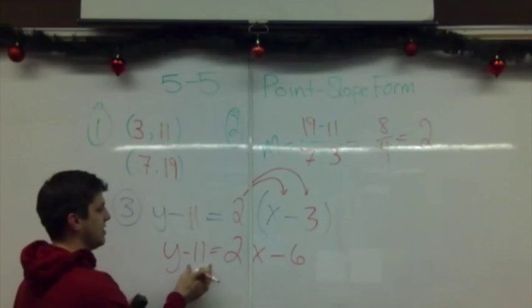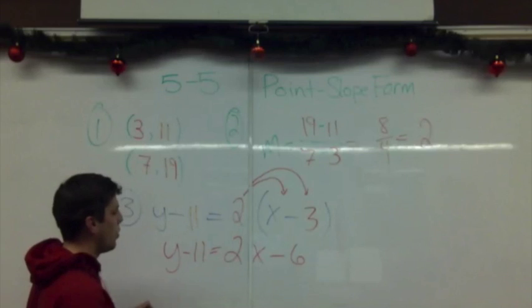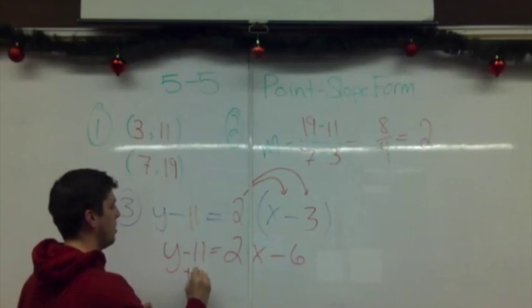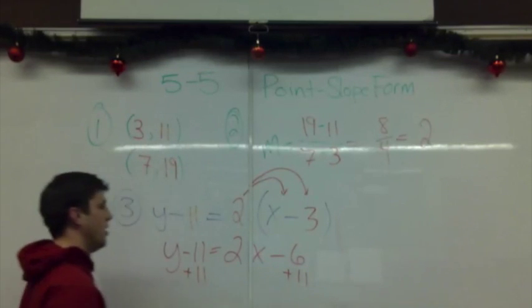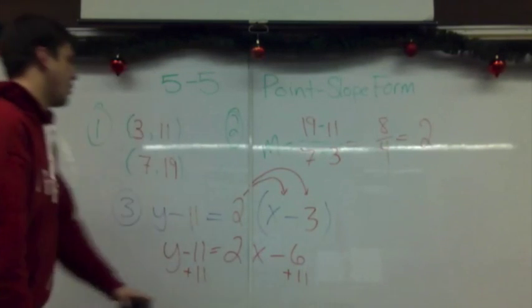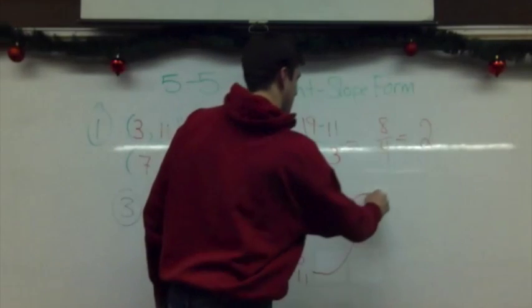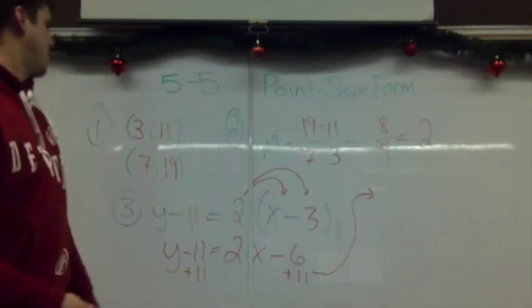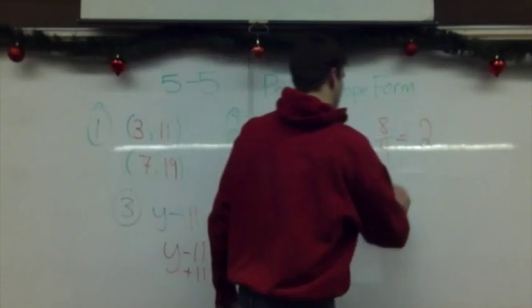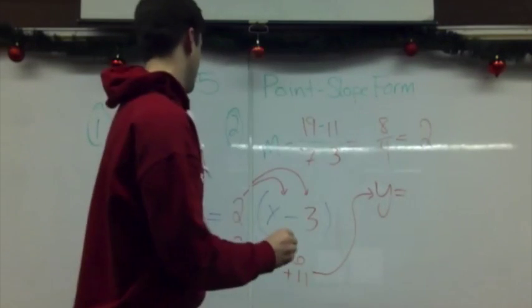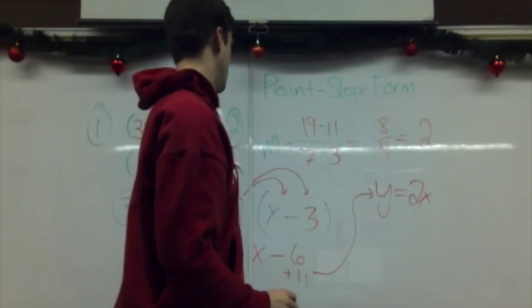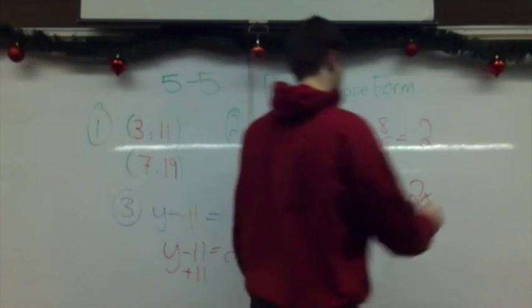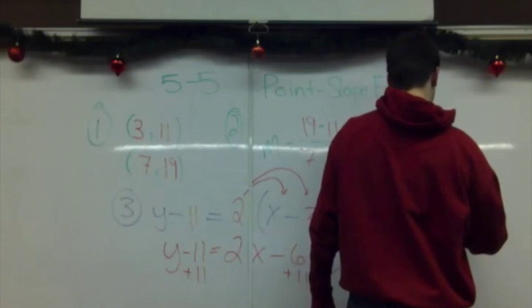And so we got to get this negative 11 out of the way so that it's just y on this side. Add 11 to both sides. And that will bring us to our final form of y equals 2x plus 5.